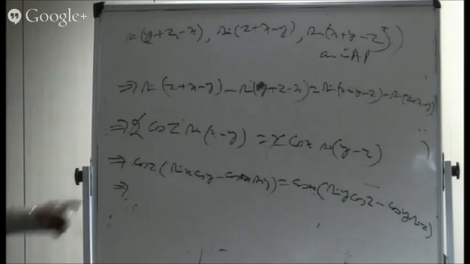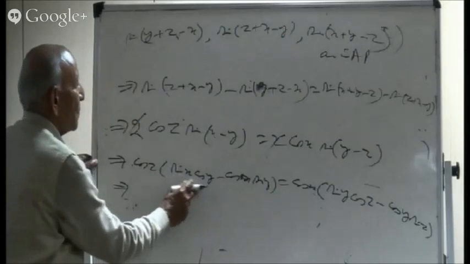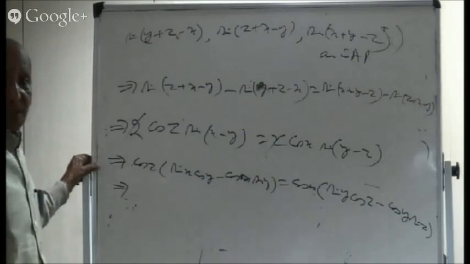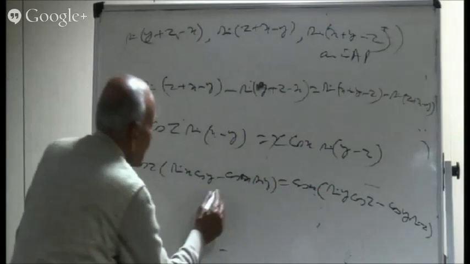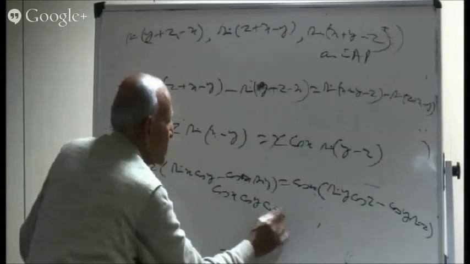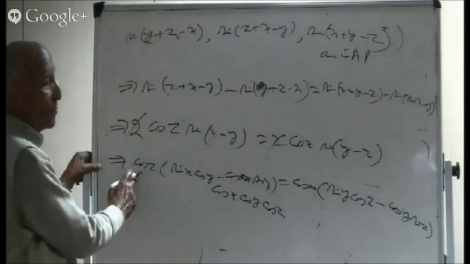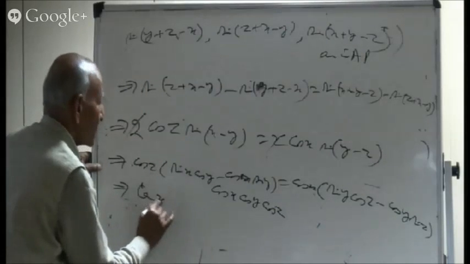So we are dividing by cos x, cos y, cos z. Cos z will cancel out, and here we are dividing by cos x. So can I write tangent of x?